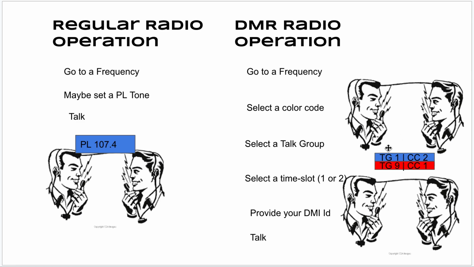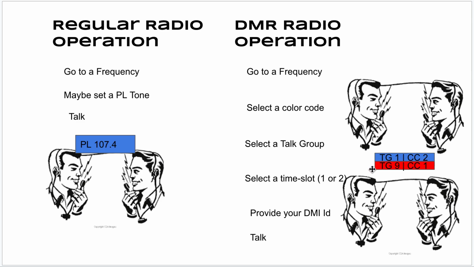So what your radio does is that it divides that frequency and only scans that frequency every 30 milliseconds for voice. So it scans the first 30 milliseconds, skips the second 30 milliseconds, scans the third set of 30 milliseconds, skips the fourth set, and so on and so forth, right?